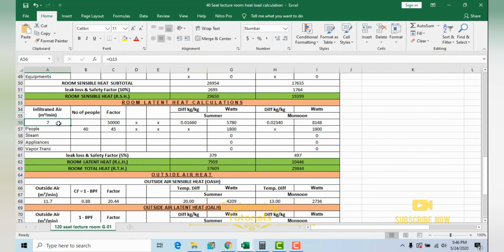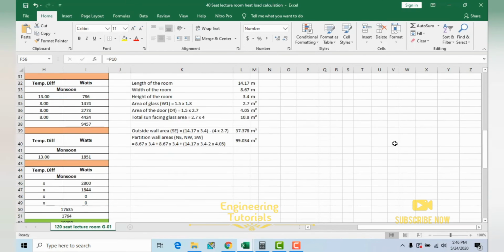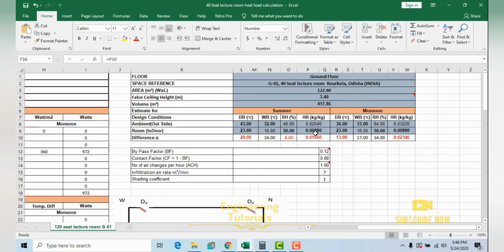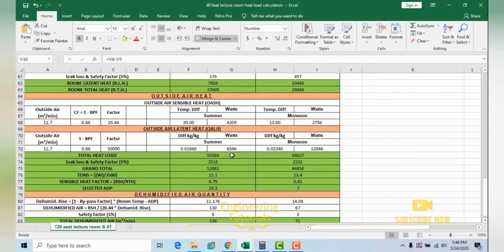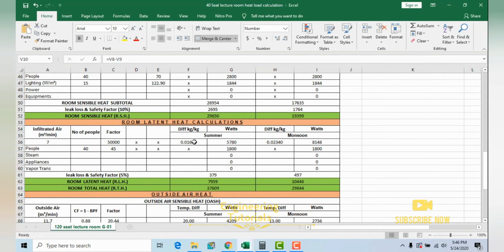We know the flow rate and the humidity difference. How did we get 0.0166? You can see over here the humidity ratio difference is 0.0166 for summer, and for monsoon it is 0.0234.